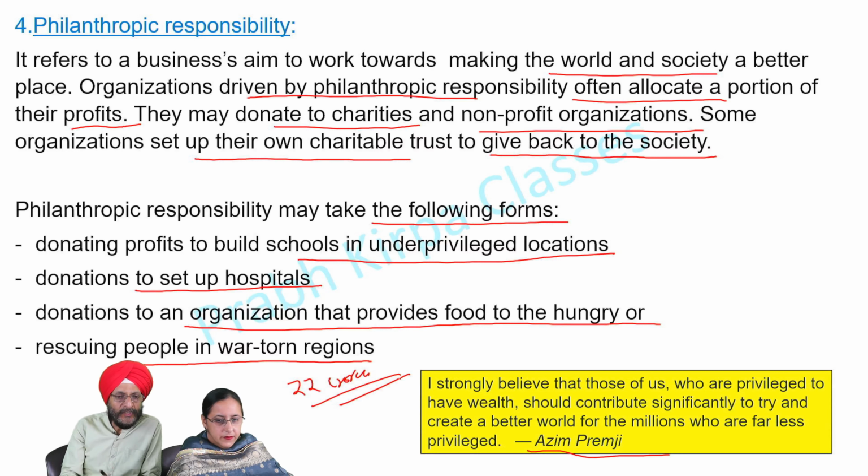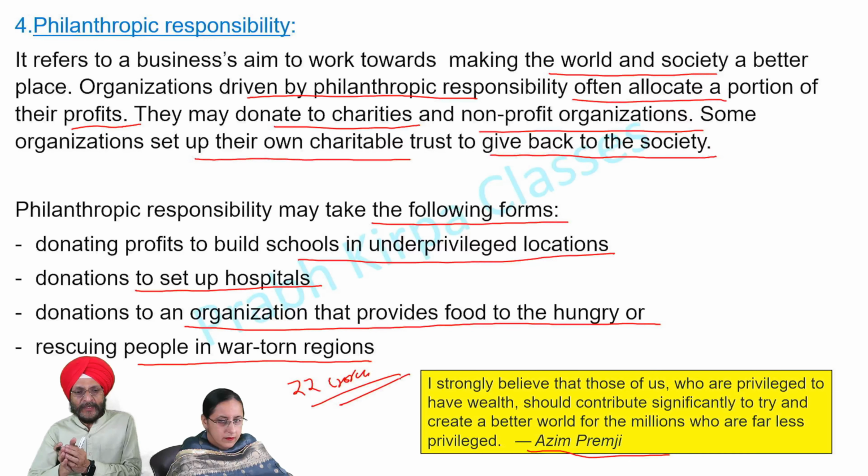You also know the name of philanthropist Bill Gates, who was the co-founder of Microsoft. You also know the name of philanthropist and known investor all over the world, Warren Buffett, who is the CEO of Berkshire Hathaway. They have donated most of their profits or wealth towards the welfare of the public.